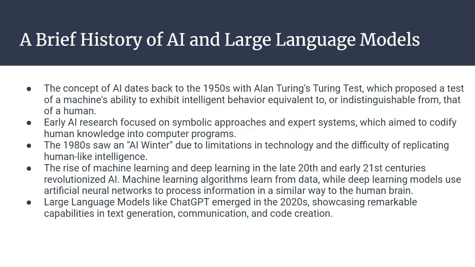Some people put the beginning of it there, and they started on trying to put knowledge into computer programs, and then it really started to pick up in the late 20th, early 21st century, with neural networks and all of that. But then really a few years ago, these LLMs came out, right? And they really hit the ground running and got all kinds of power, flexibility, ease of use, right?